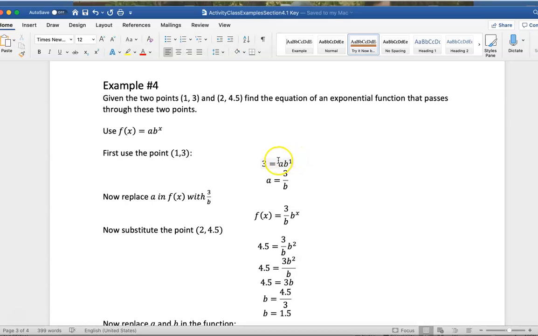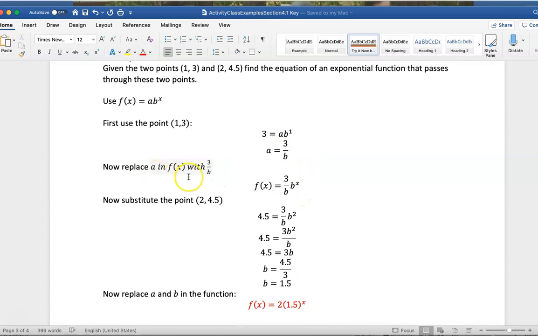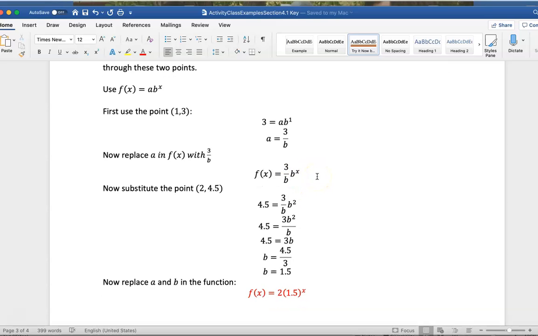If we divide both sides by b, I like it expressed as a equals 3 over b. Now, replace a with 3 over b. See, we've replaced a with 3 over b. B's exponent right here is still x. You can't just cancel out the b's because the exponent isn't just 1.